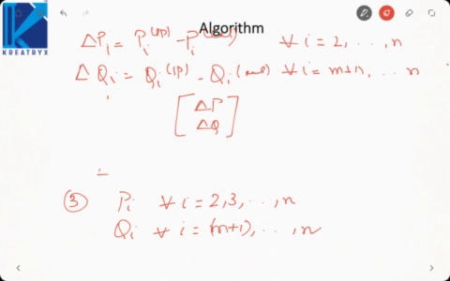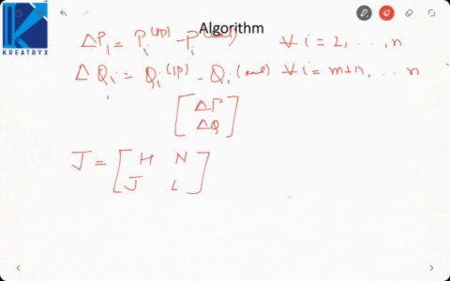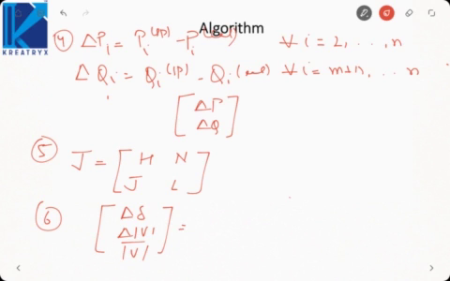Now the next step should be finding the Jacobian. So here we find the matrix, that is the modified form of Jacobian H, N, J and L. We will determine this matrix in step number 5. In step number 6, we will determine the correction vector, that is delta mod V by mod V, which will be H, N, J, L inverse into delta P, delta Q. That way we will calculate the correction vector.